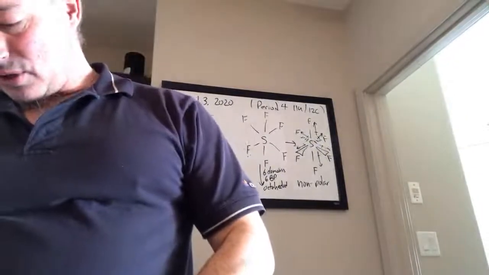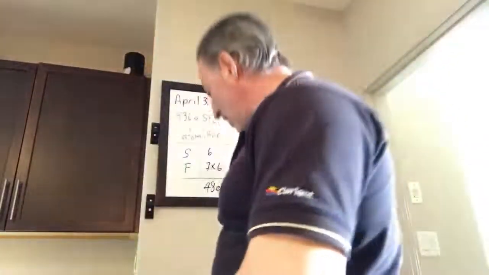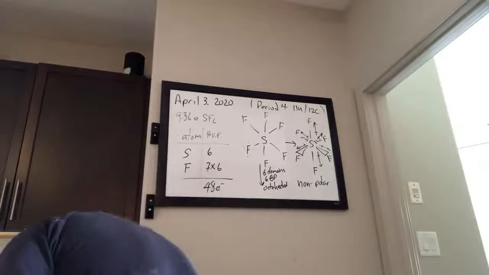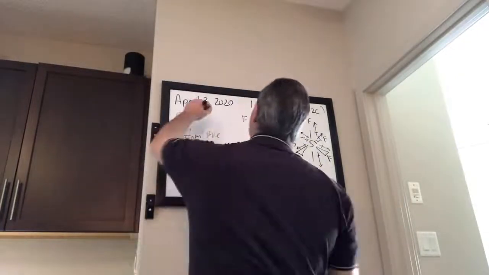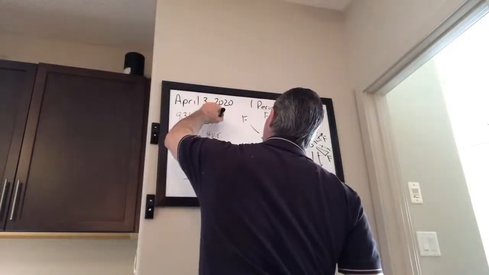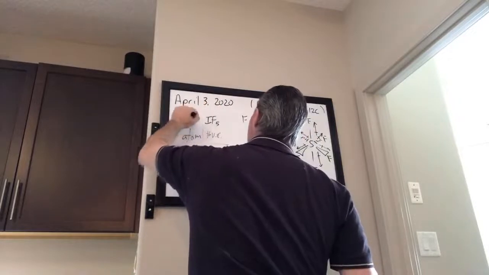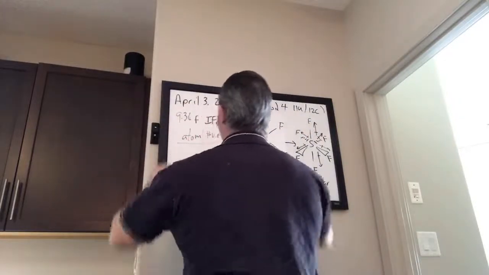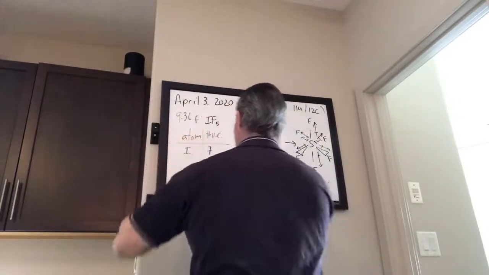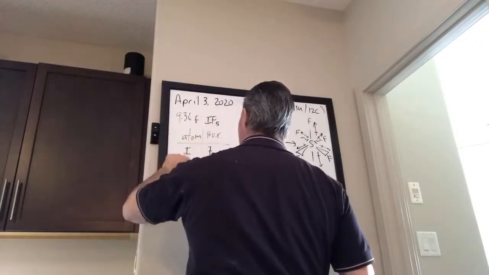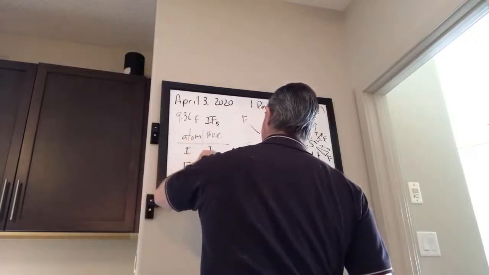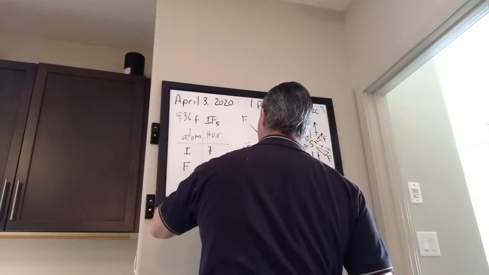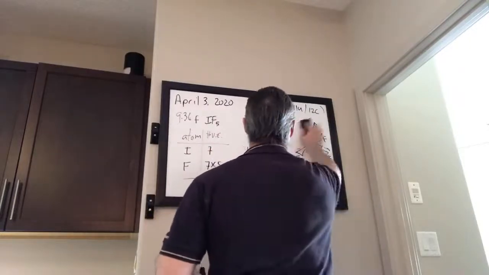The last one I want to do with you is IF5, iodine pentafluoride. Iodine contains 7 valence electrons. Fluorine also contains 7, and there's 5 of them, so basically there's 42 electrons to account for in the structure.